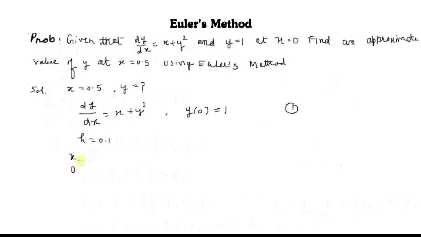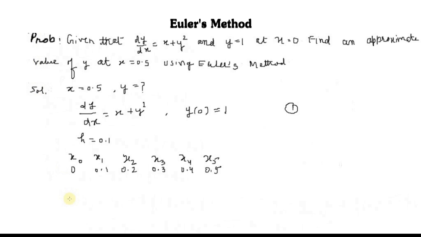First it is 0, so it is x0, then x1 is 0 plus h, that is 0.1, then x2 is 0.2, then x3 is 0.3, that means this gap is 0.1, x4 is 0.4 and x5 is 0.5. So we calculate their values. So this is set for x.